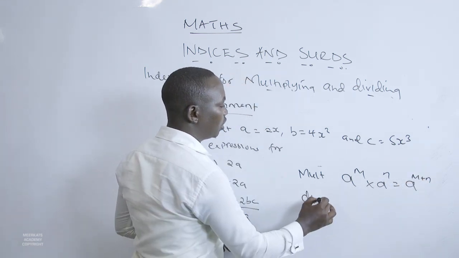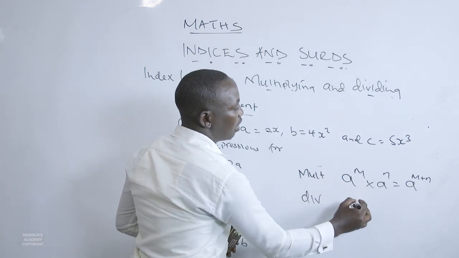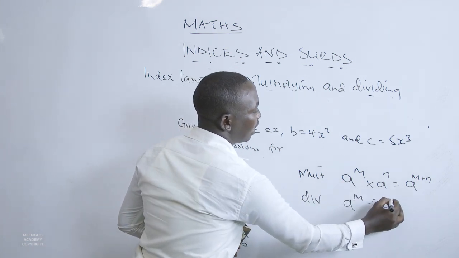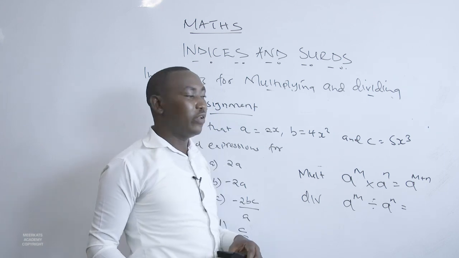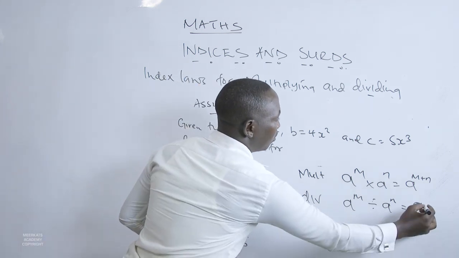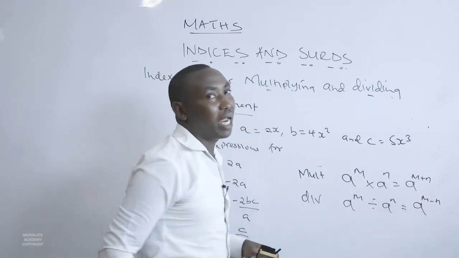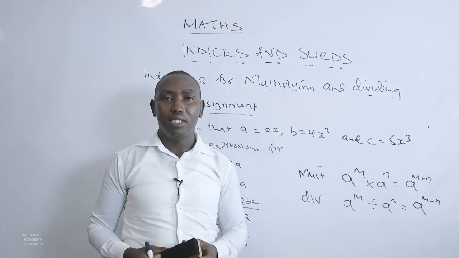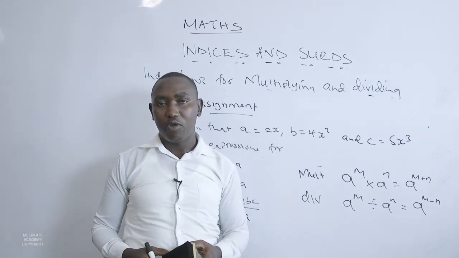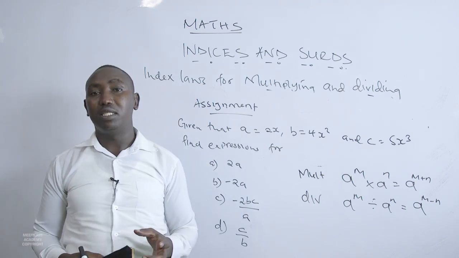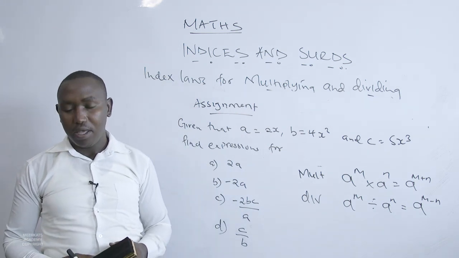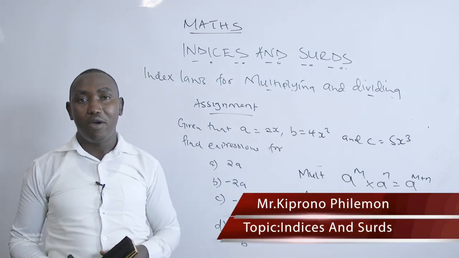And for the division law, when you have a raised to m divided by a raised to n, you get the difference of the powers, which will give you a raised to m minus n. So that is it. Next time when we meet, we are going to look at the zero index and the power of a power. Thank you.